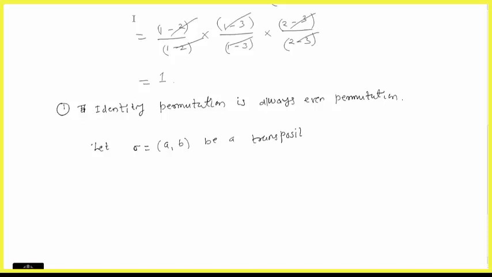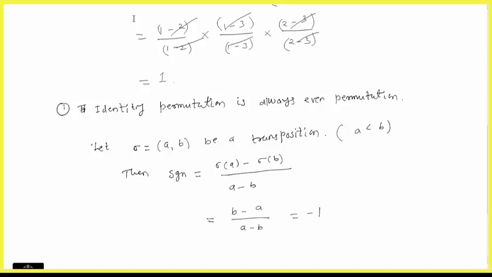Then what is the sign of sigma? The signature of sigma is equal to sigma A minus sigma B divided by A minus B. Assume that here A is less than B. So sigma A is B and sigma B is A, so this is B minus A divided by A minus B. So this is minus 1.